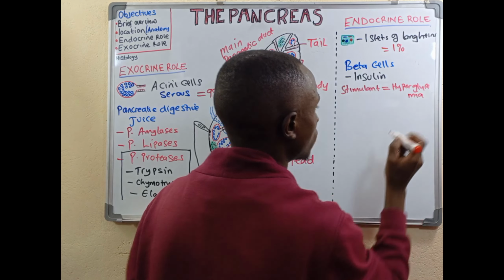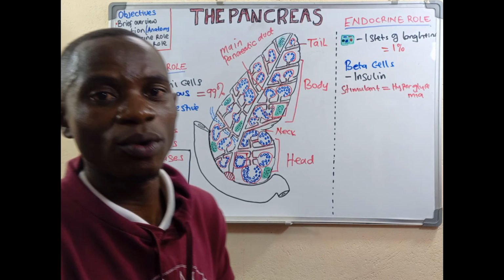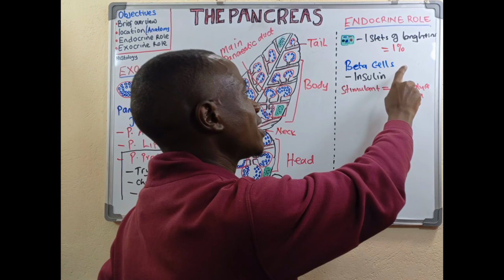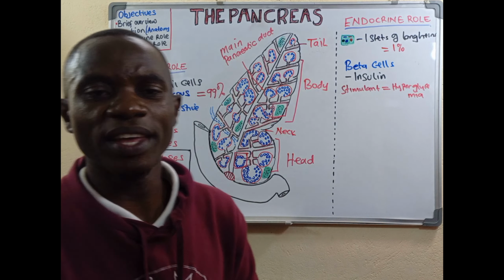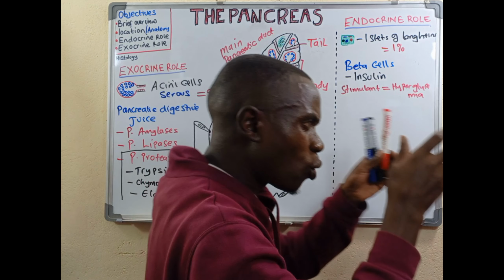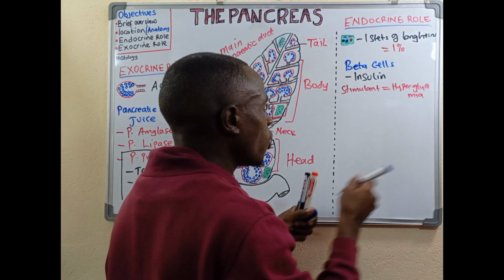Hyperglycemia. Whenever there are high levels of glucose, that's one of the most inducing factors to stimulate the beta cell to release insulin. When insulin is produced, it goes into the liver and does the following processes.